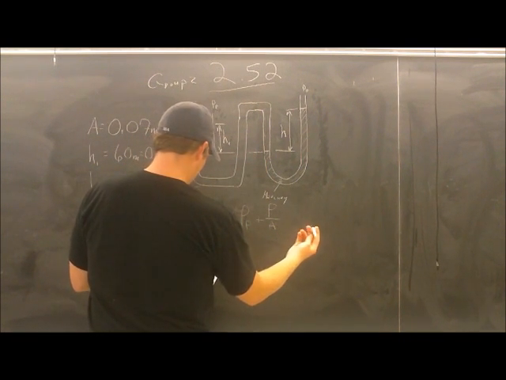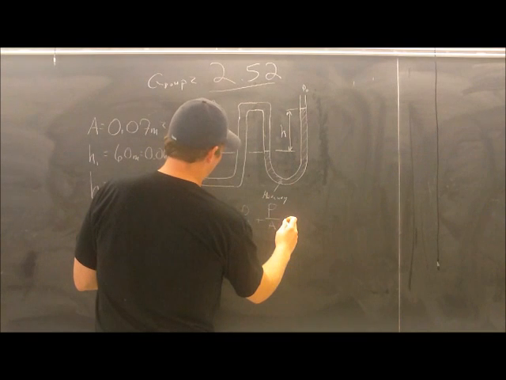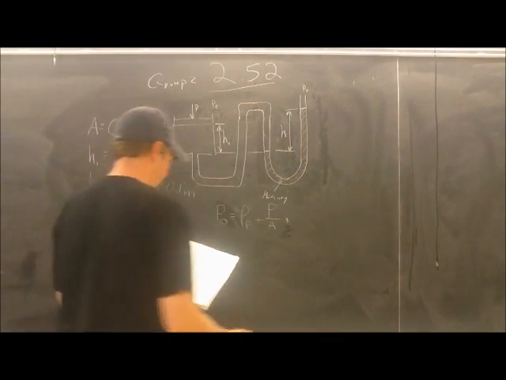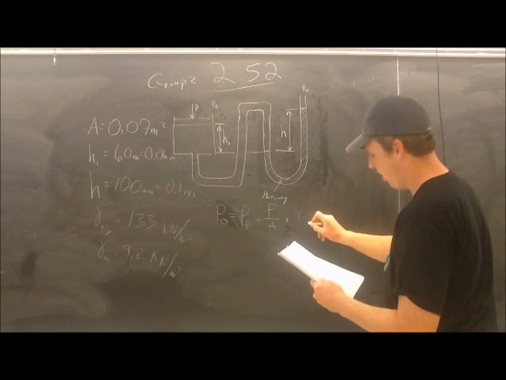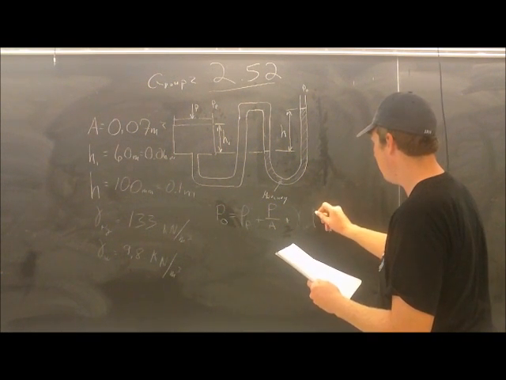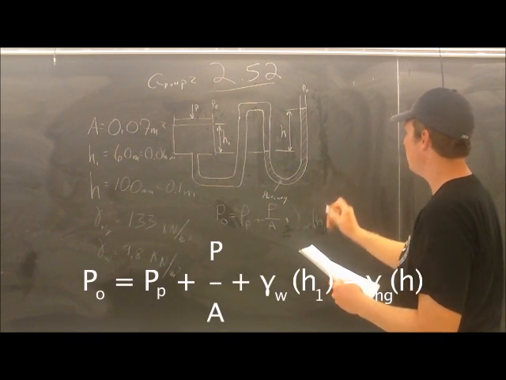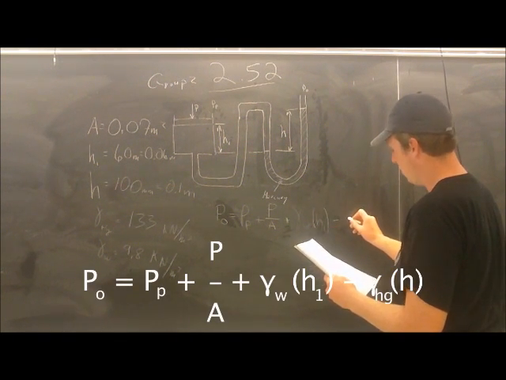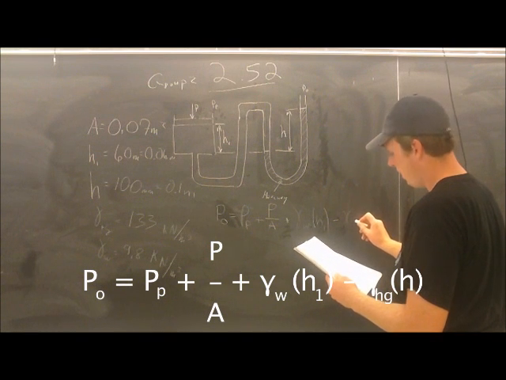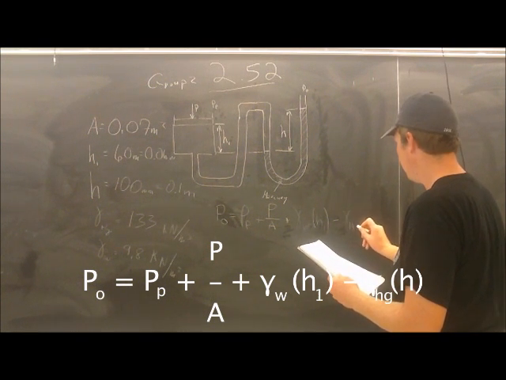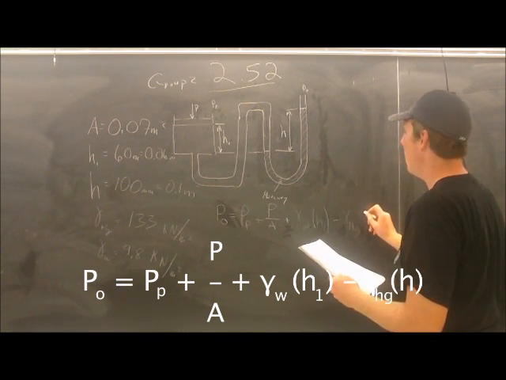So that distance is h, and it's going to be a plus because it is going down, and that's going to be the specific gravity of water times the height h1. Then we're going to subtract the difference in mercury, which is going to be the specific gravity of mercury times the height h.